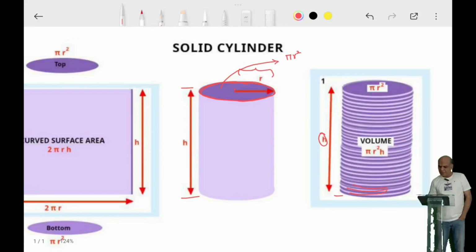Therefore, the volume of the solid cylinder is given as the cross-sectional area, pi r square, and h would be the height. So pi r square h would be the volume of the cylinder.